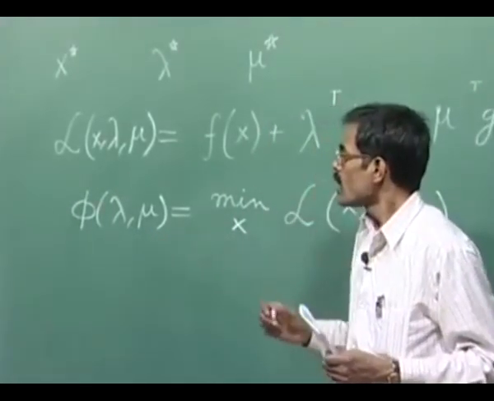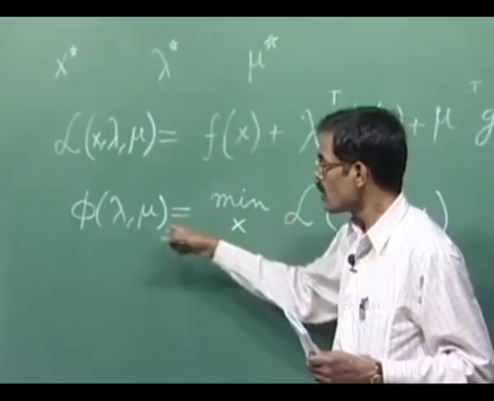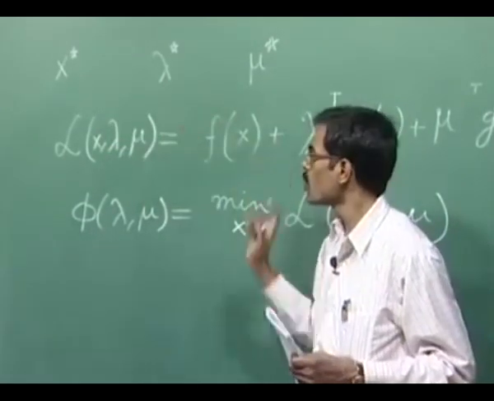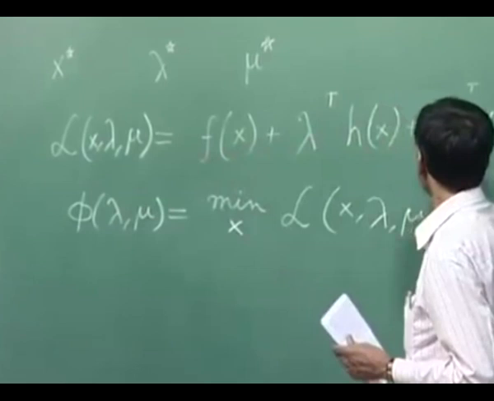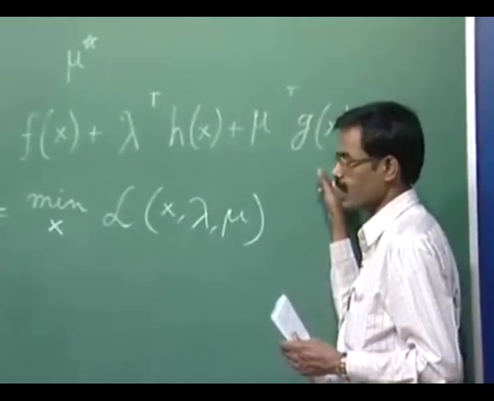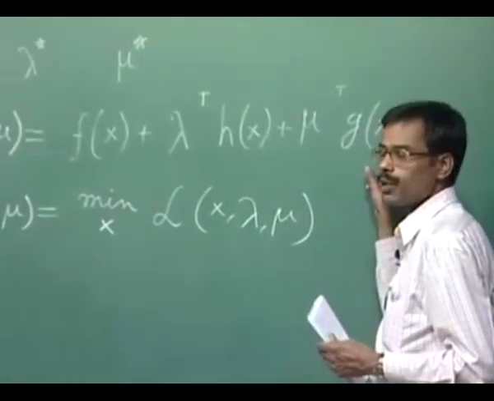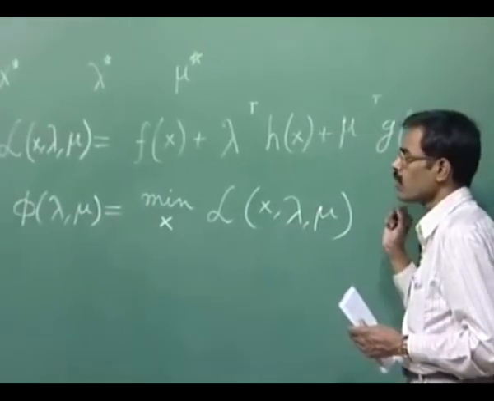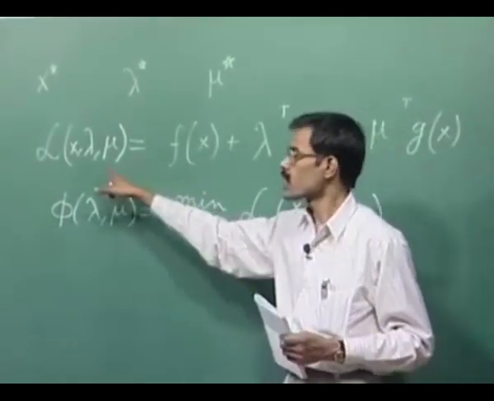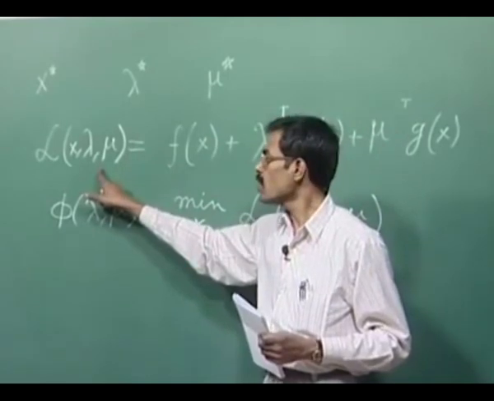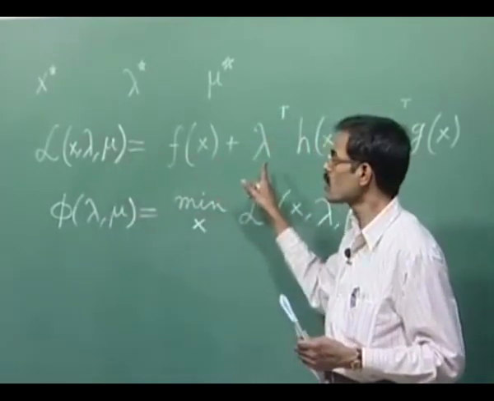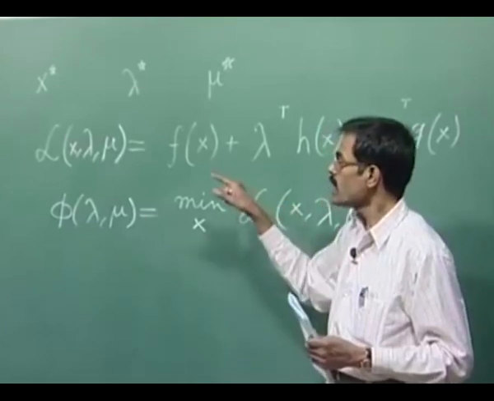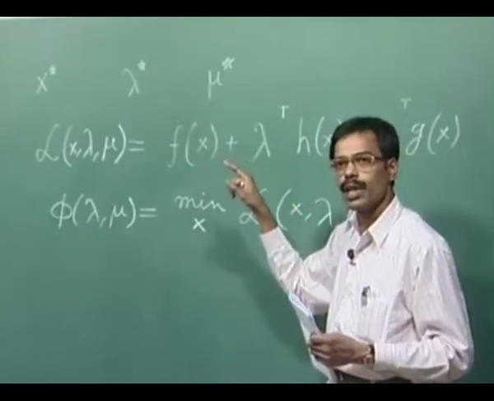Now, we know that the optimality condition of the original problem, or the primal problem, is that the gradient of this is equal to 0, and mu is non-negative, the entries in mu are non-negative. Now, consider this same function, but with maximization with respect to lambda and mu, and see what we get, and in that we will consider mu to be non-negative.